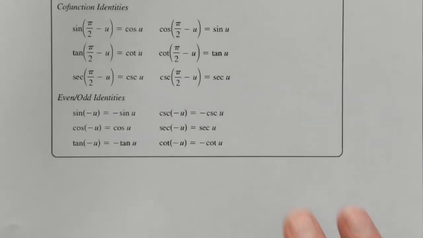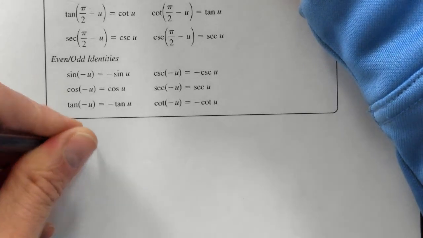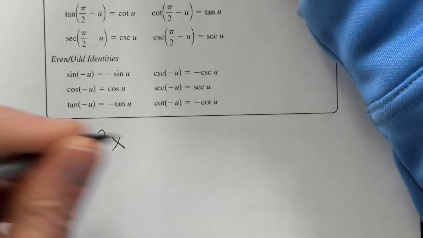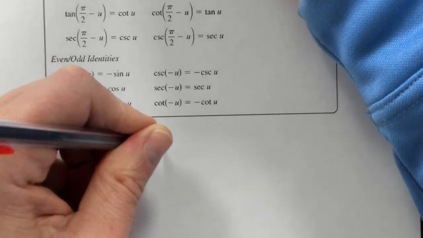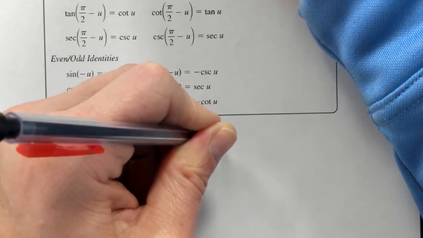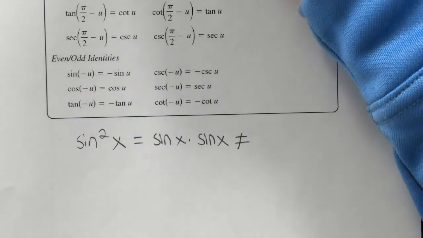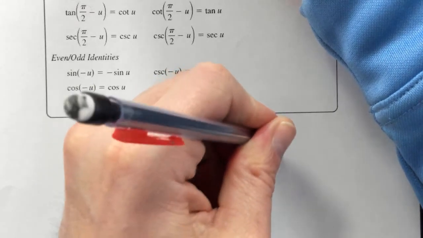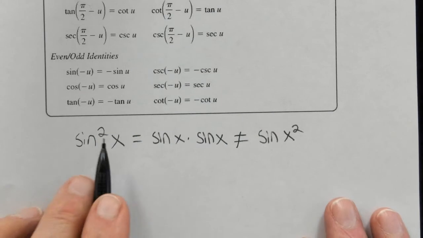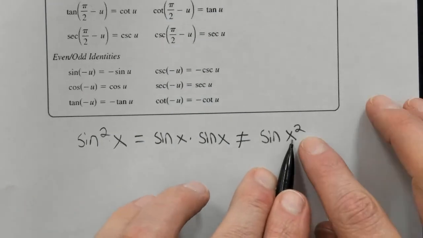Sine squared of x is equal to sine of x times the sine of x, and it is not equal to the sine of x squared. So sine squared of the angle is not equal to sine of the angle squared.